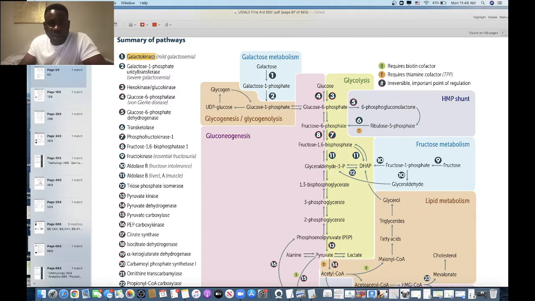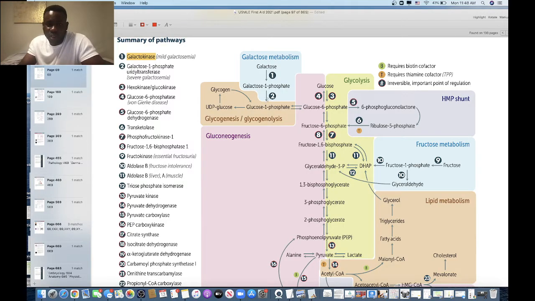So galactokinase will convert galactose into galactose 1-phosphate. All it's doing is adding a phosphate to the first carbon. That's why it's called galactose 1-phosphate.